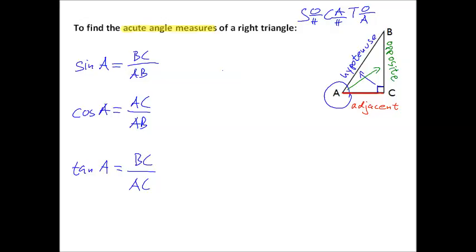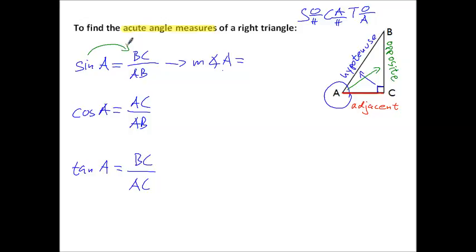So if the sine of angle A is the ratio of BC over AB, then the measurement of angle A is really the inverse of the ratio BC over AB. In other words, we have to do the inverse sine of that ratio to get our measurement.